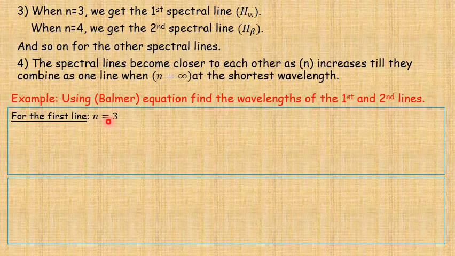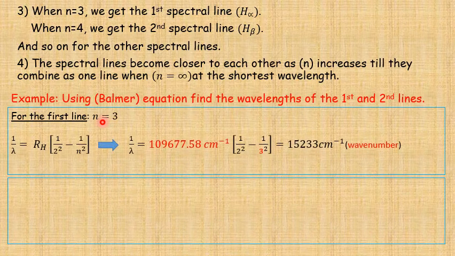So let's put the rule and then substitute n equal 3. This is the rule, including RH, Rydberg constant, multiplied by this bracket. So you can see here n is variable, which is here equal 3 for the first line. So we will substitute the value of Rydberg constant and then n equal 3.